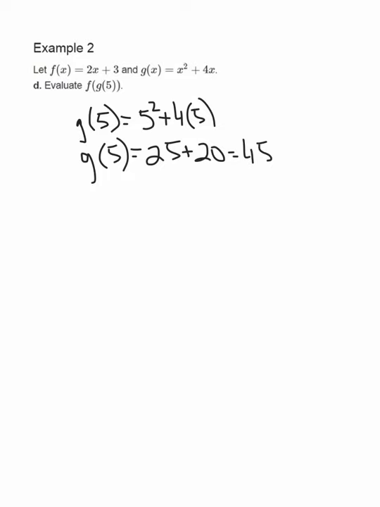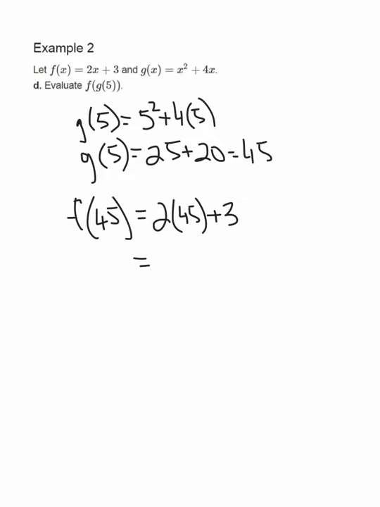Okay, so g of 5 is your input now for f of x. So it's going to be f of 45, since that's what g of 5 is equal to. And now we're just using 45 for f of x. So 2 times 45 plus 3.